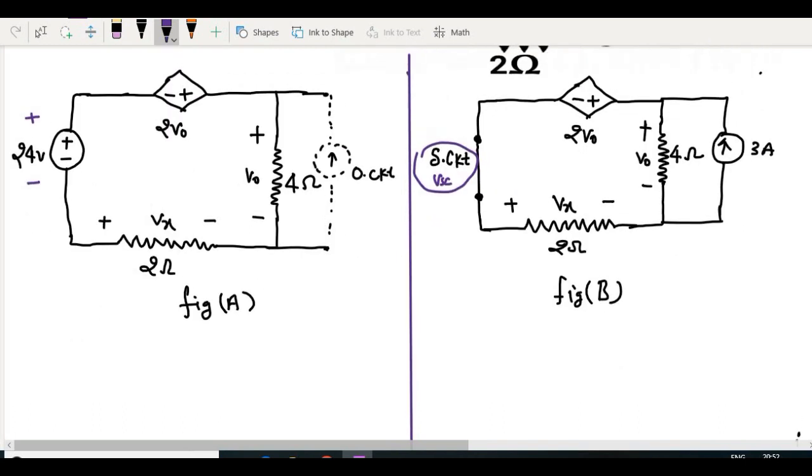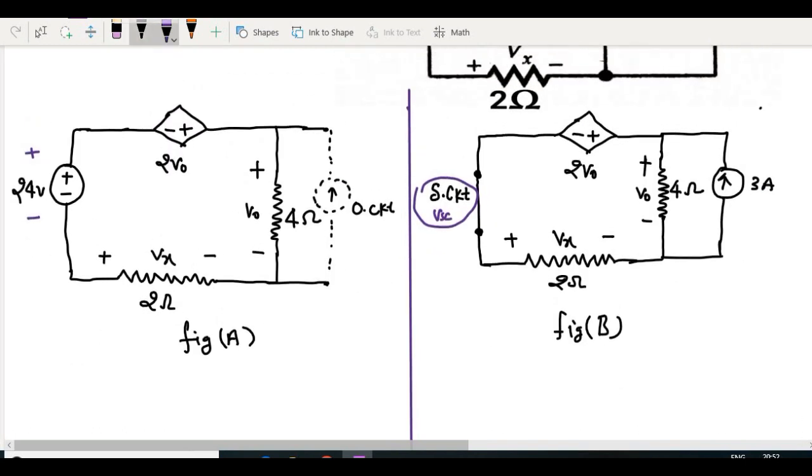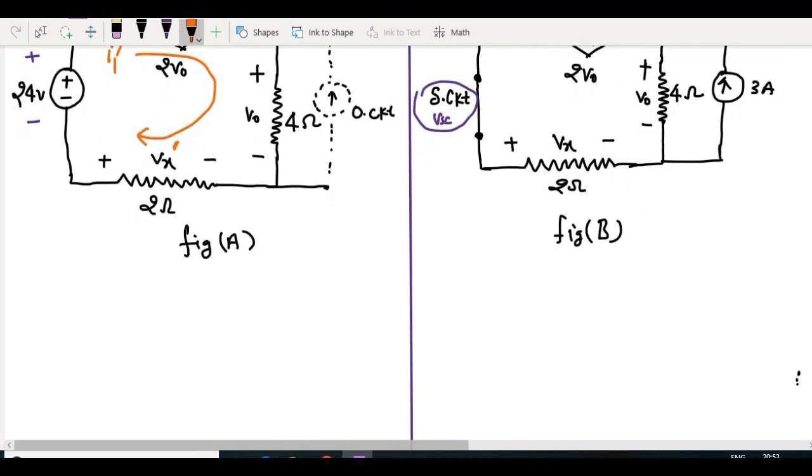Now let us consider the first figure. Let us assume that current I1 dash is flowing through the circuit and Vx becomes Vx dash. Since current I1 dash goes from plus polarity to minus polarity, Vo will be 4 times I1 dash.